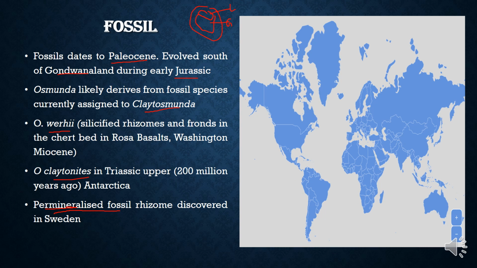It can also be carbon. So by this permineralization, fossils can be preserved. Actually, fossils that are preserved are permineralized, and from the new world to the old world, we find these fossils everywhere.